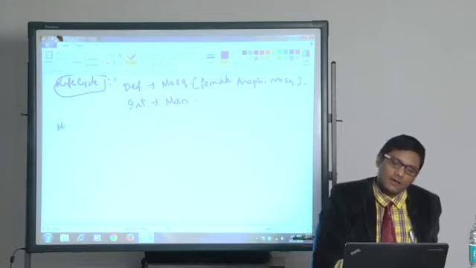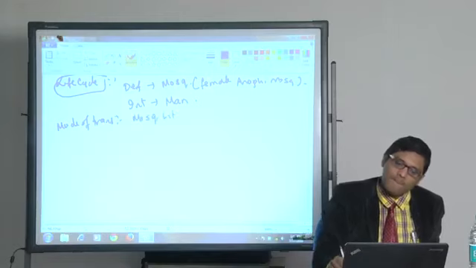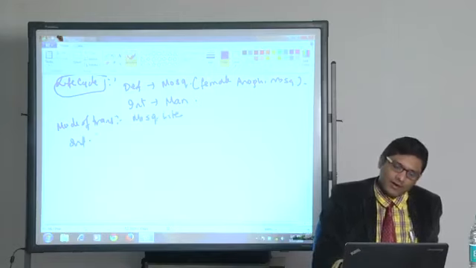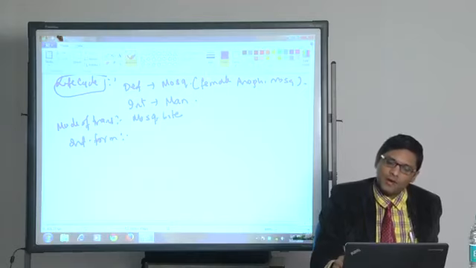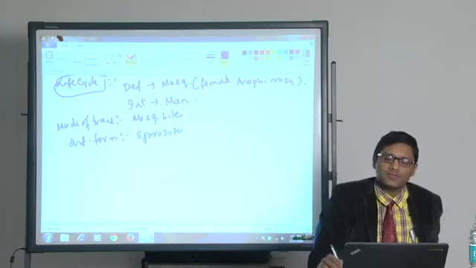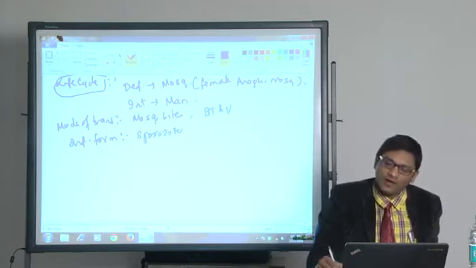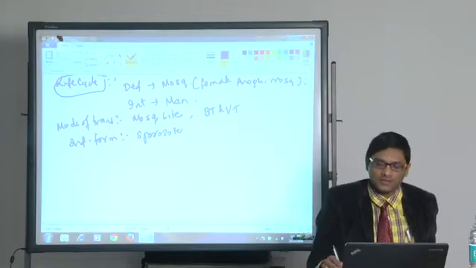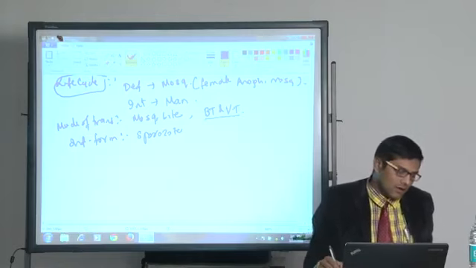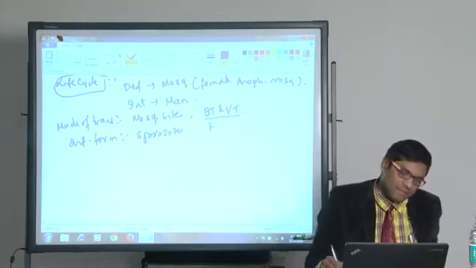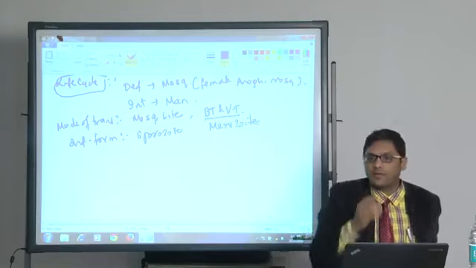And they say that if the mode of transmission is mosquito bite, then the infective form is sporozoite. But mode of transmission can also be blood transfusion and vertical transmission from mother to fetus. In these two cases, the infective form will be merozoites. Directly merozoites can be the infective form.